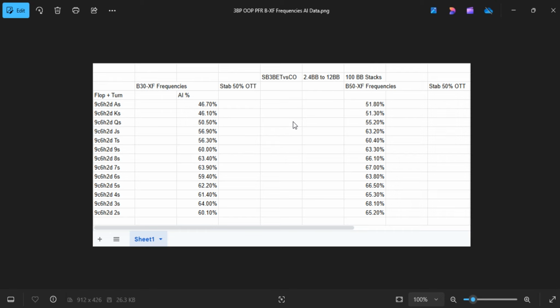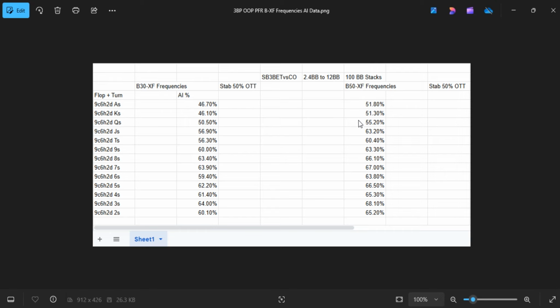The reasoning is this: because when they bet 50 on the flop, they're too polarized. So we know they're overly polarized on the turn, which leads to over-folding. Because when they're bet-30ing, they are probably going for range, which means they're more merged. When they bet 50, they're more polarized.